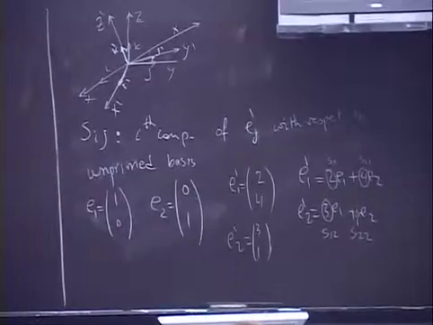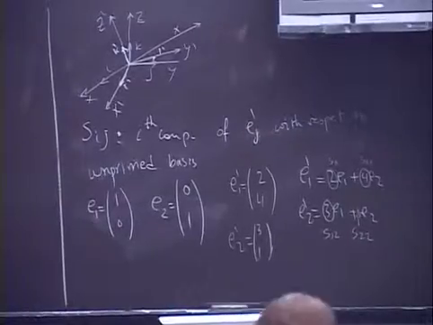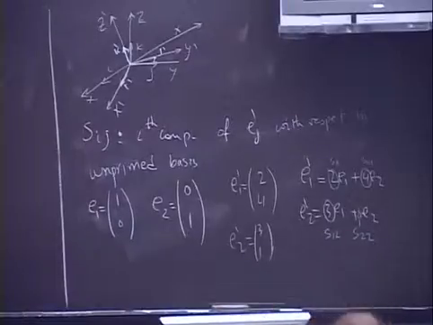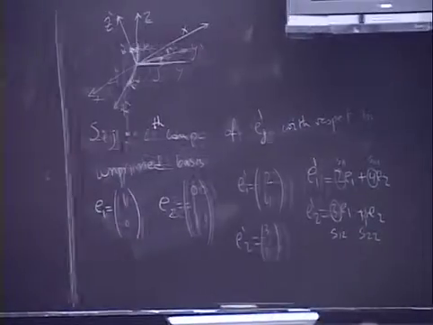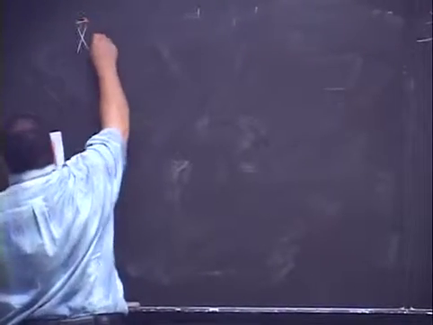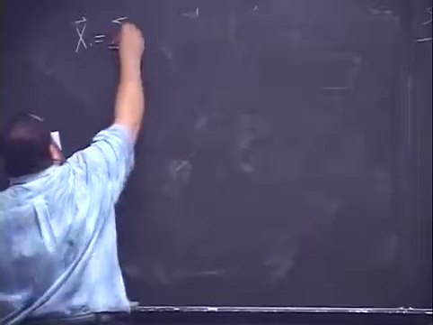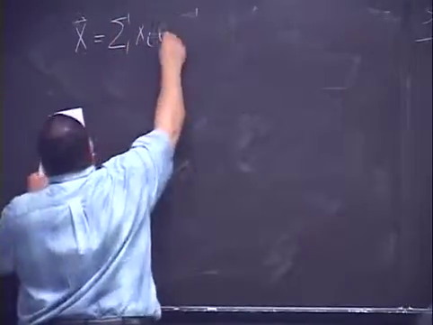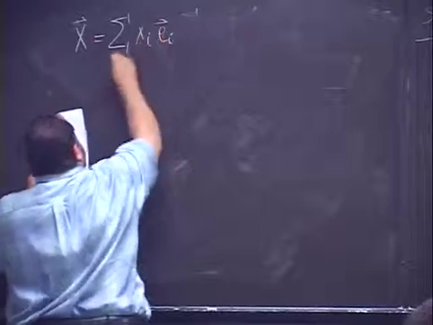So now we want to know how to transform those vectors from one set of bases to another set of bases. So for any vector x, we can represent this vector x as xi components in the ei direction.